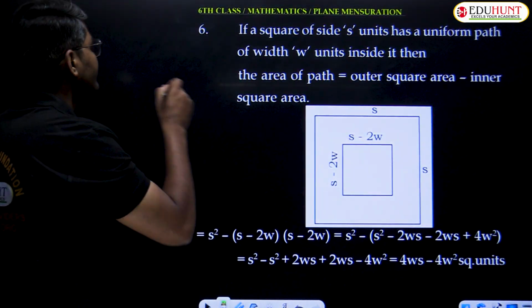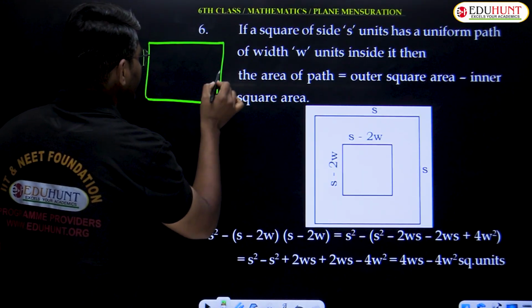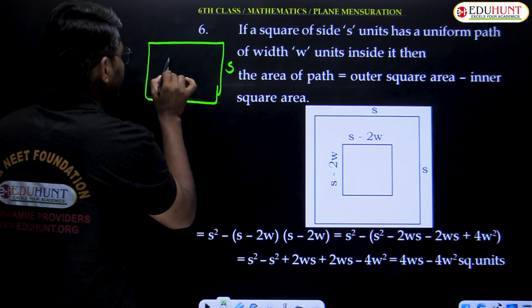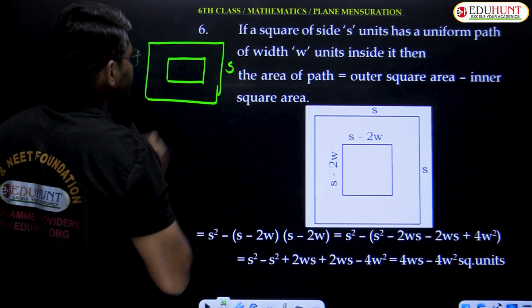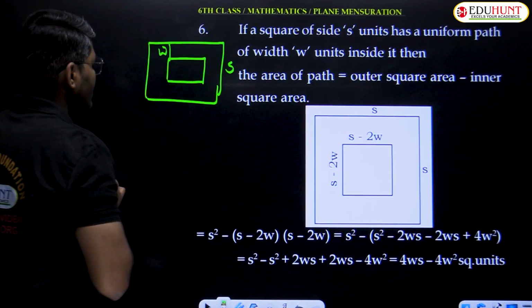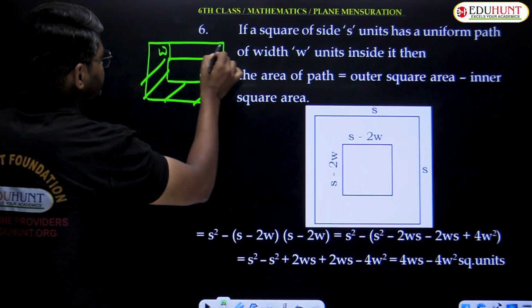Let's see if the square is having S units of side and inside this another square is there which is having width W. Now area of the path means this we have to find.